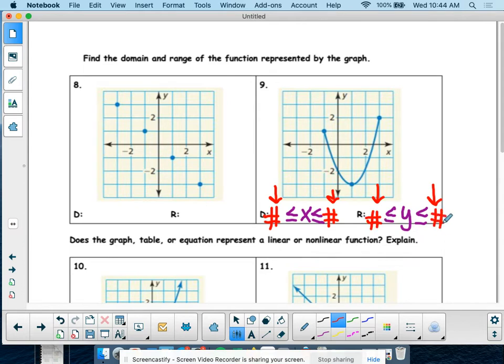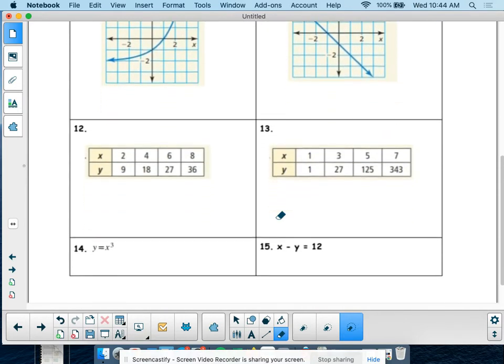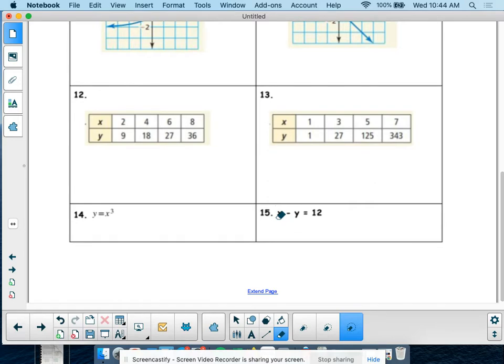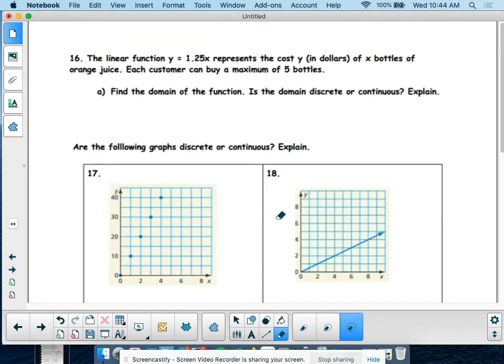Remember, it's continuous like that because it's a curve that goes on like that, right? It's not just a bunch of dots, or these would just be ordered pairs. Okay. You guys are rock stars at linear and nonlinear. So I will leave you alone for that one. Let's go to the next one.